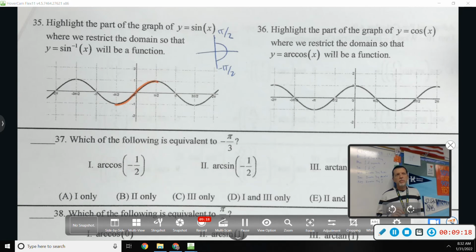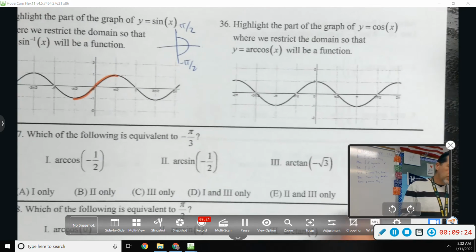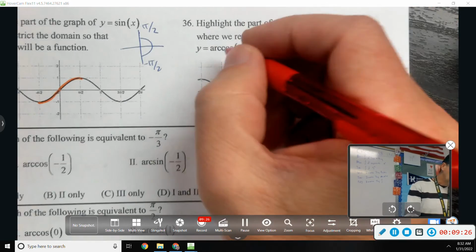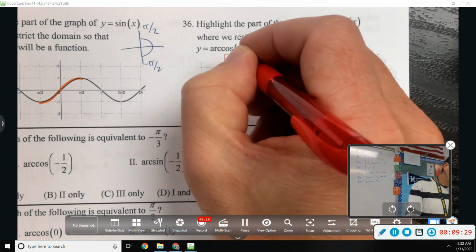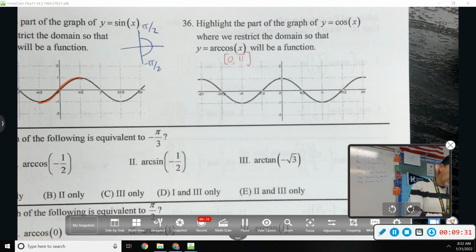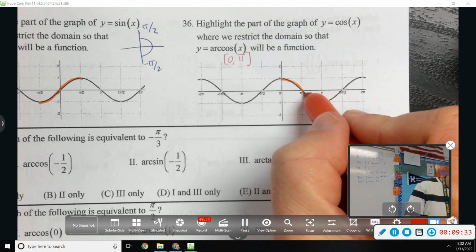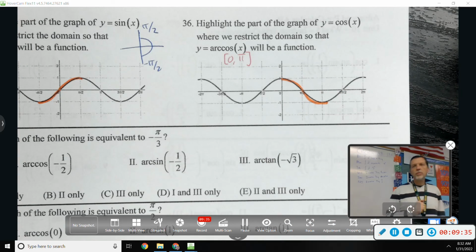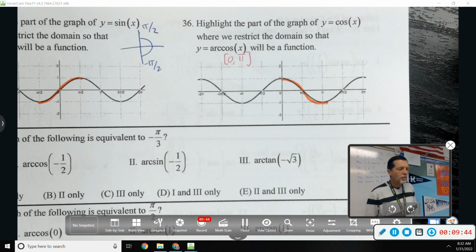That's what that question means. 36, similar question. Inverse cosine is 0 to pi. So we highlight from 0 to pi. So some people teach it from the graph rather than teaching it from the unit circle. It's just a different way to do it.